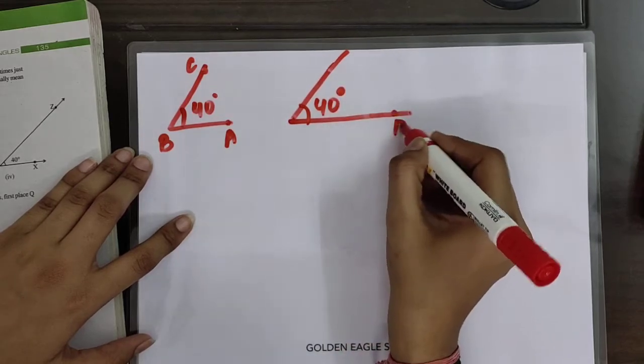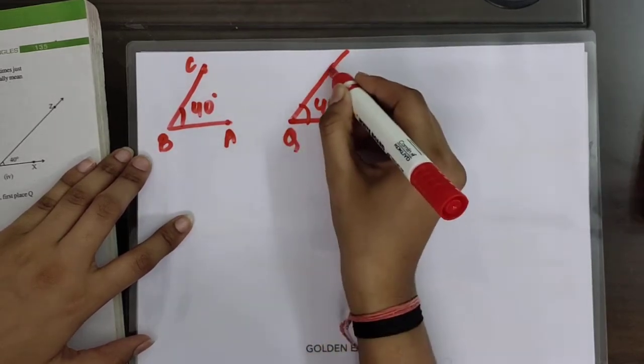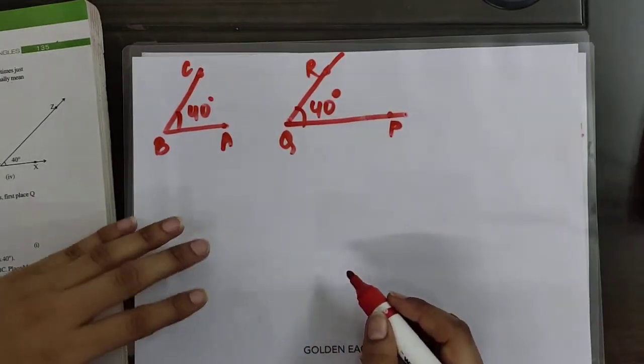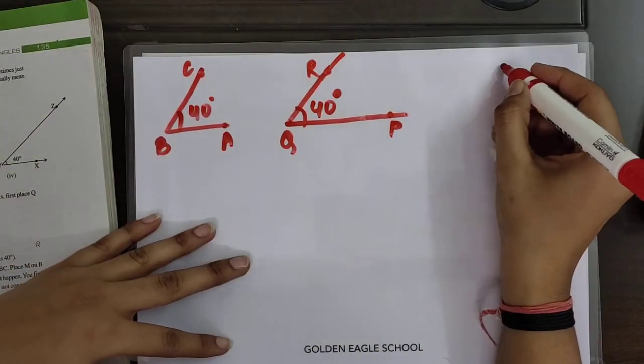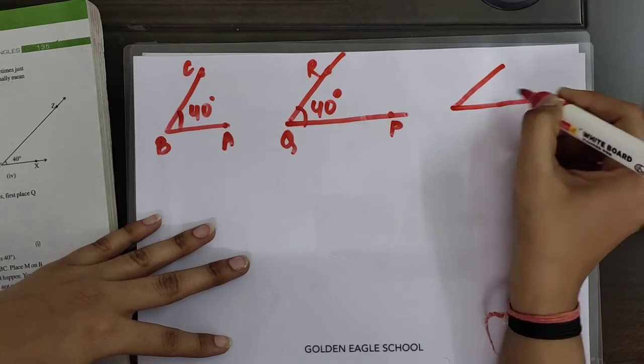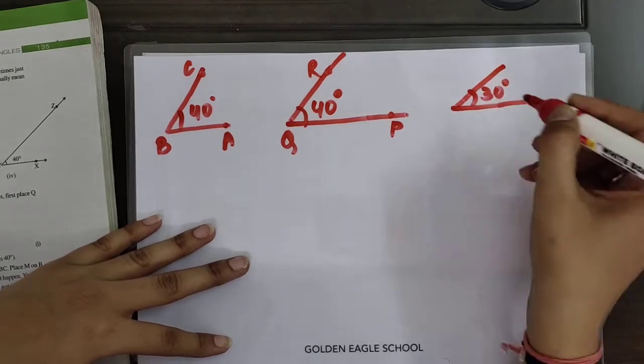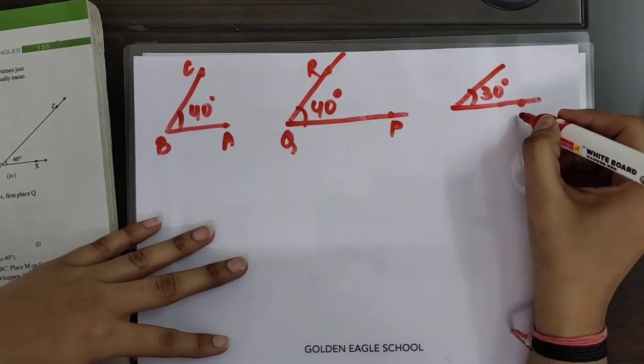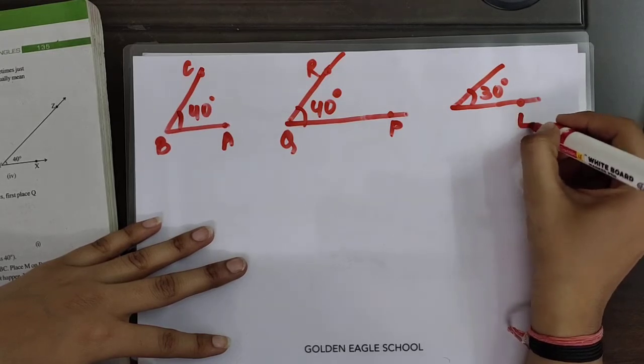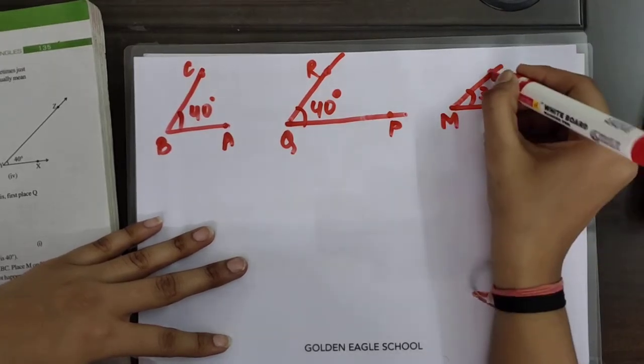This is angle PQR. And the one over here is 30 degrees. This is angle LMN.